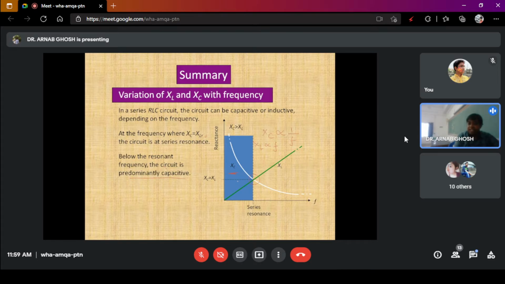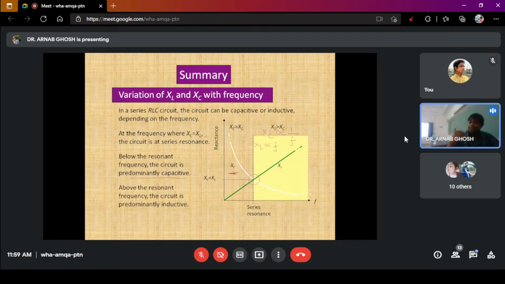When the frequency is below the resonant frequency, the circuit is capacitive in nature, and above the resonant frequency, the circuit is inductive in nature. Below the resonant frequency, Xc is greater than XL, so it is capacitive in nature. Above the resonant frequency, XL is greater than Xc, so therefore it is inductive in nature.